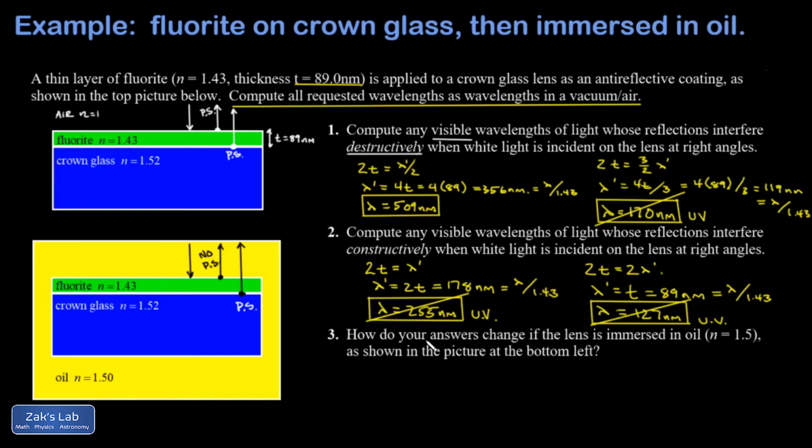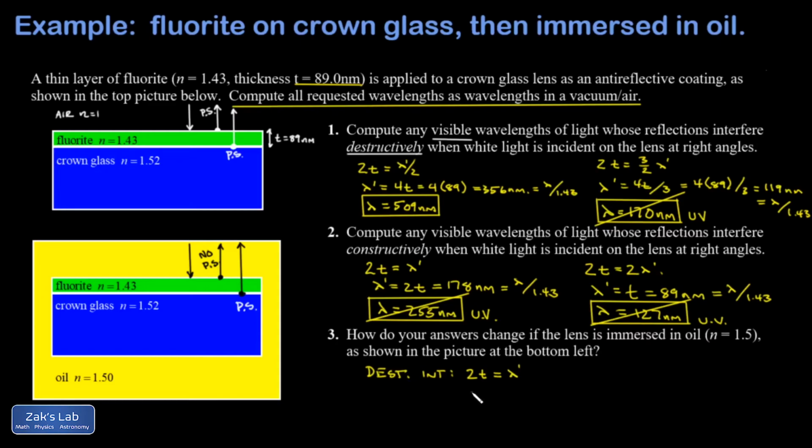So to begin with, maybe I'll do the destructive interference. Because one reflection is phase shifted and the other isn't, we're going to get destructive interference if our travel distance doesn't mess with the phase of that second reflection. So that would be when the travel distance is an integer number of wavelengths within the fluorite. The first one would be when 2T is equal to lambda prime.